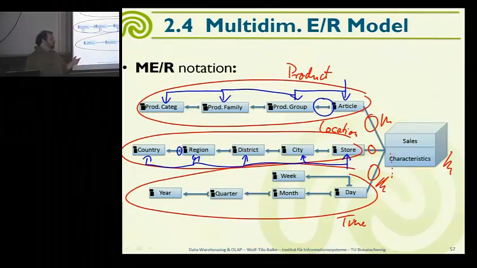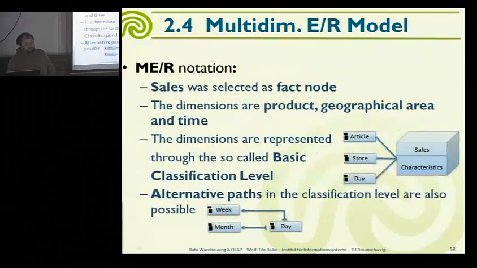And within the city, there are one or more stores. So you have, I don't know how many McDonald's stores you have in Braunschweig, but there's one in the city center and one in the industrial area and one in Weststadt or I don't know, right? So this is the idea of the notation behind that.